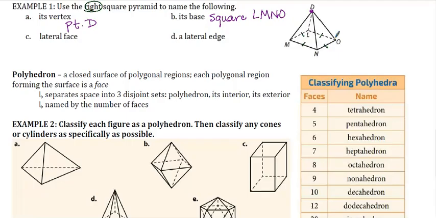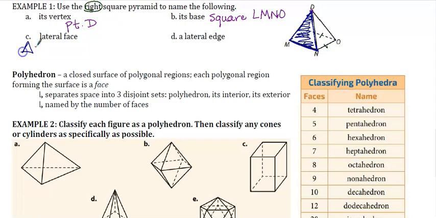Lateral faces. Where are my lateral faces? Notice my square is the base, so I have a lateral face right here, which is what shape? Good, it's a triangle. So this one is M, N, D is what I would call that lateral face.